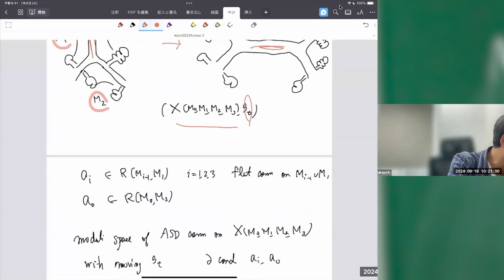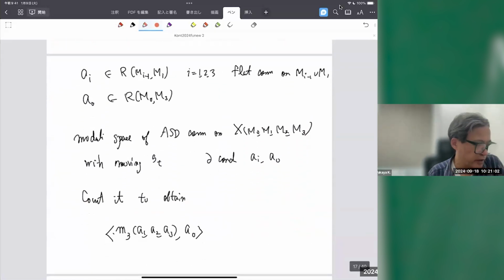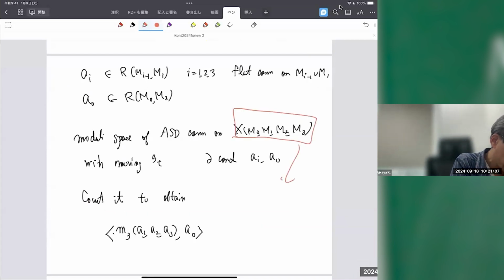Then what we do is very similar. This guy has four ends, which are M(i-1) glued with M(i), plus the infinity, right?